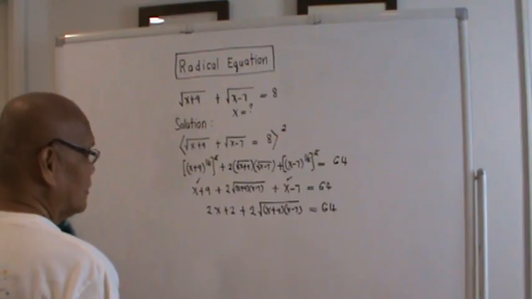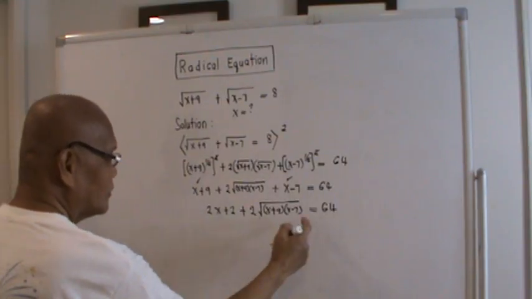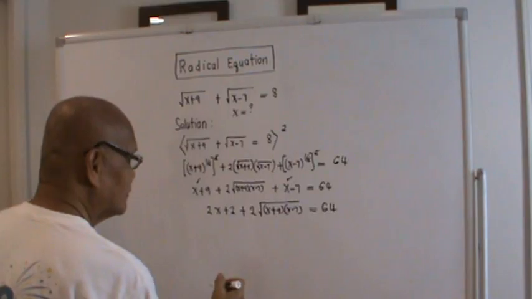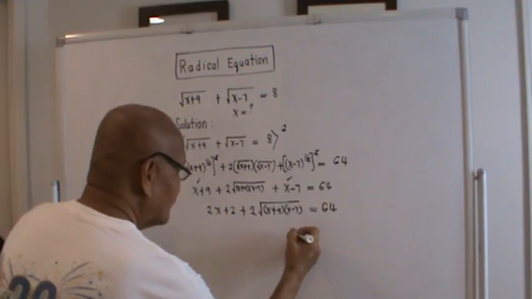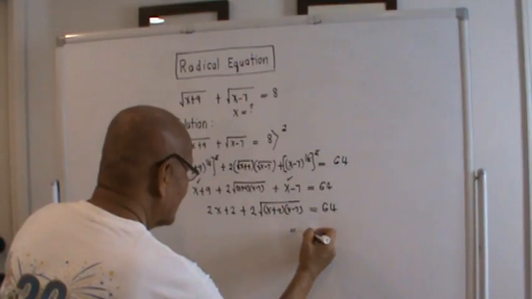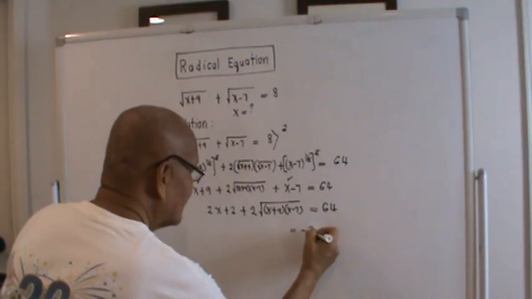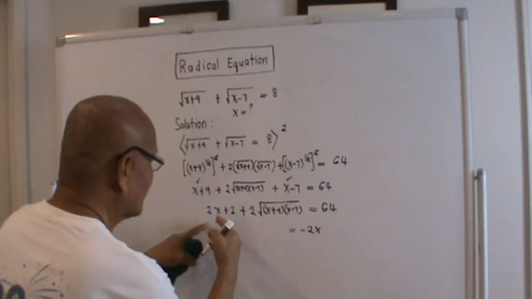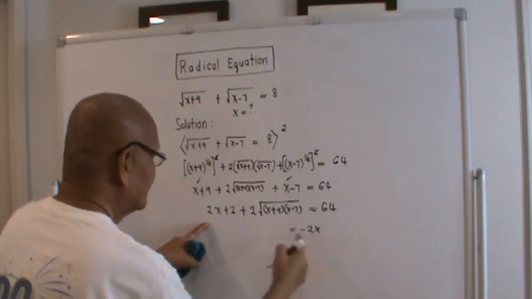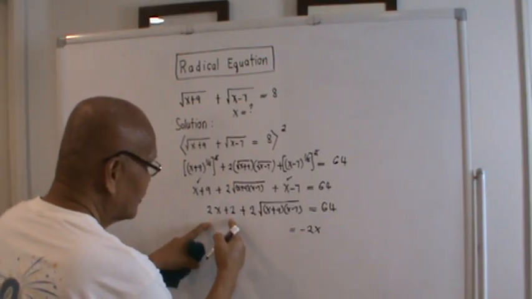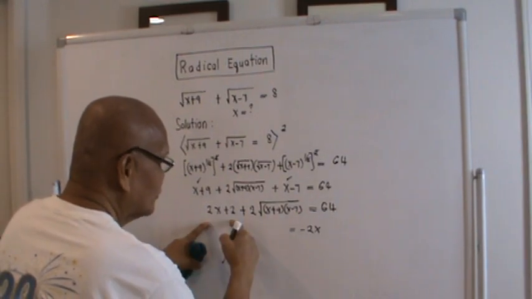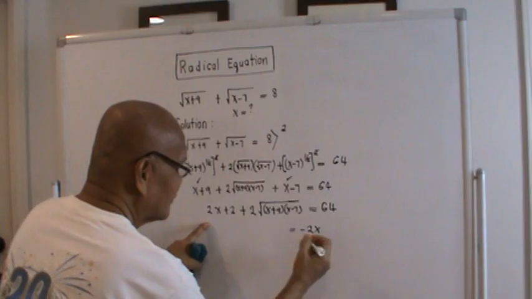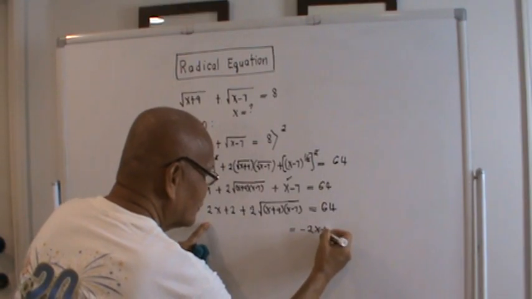Okay. We'll transpose this one to the right. So this will become minus 2x. And again, we transpose this to the right. So it's 64 minus 2. That will be plus 62.